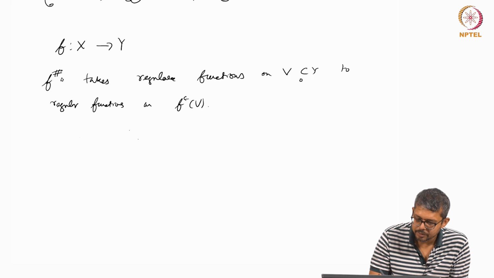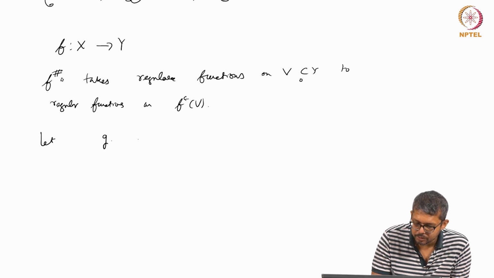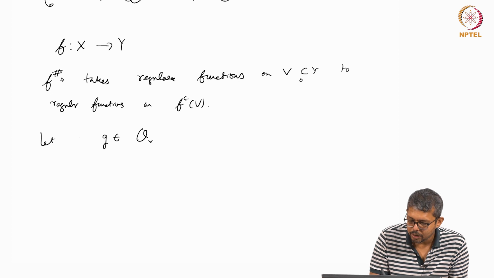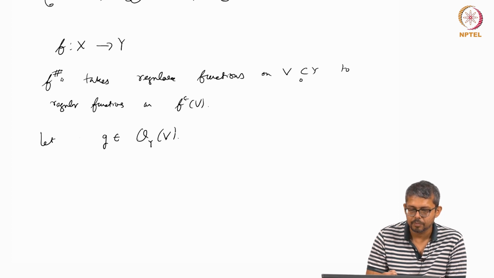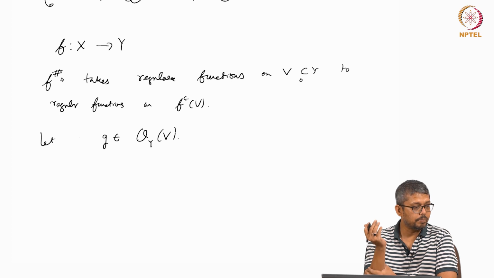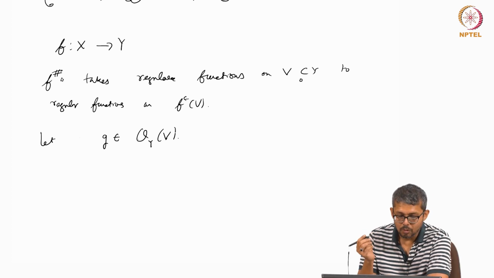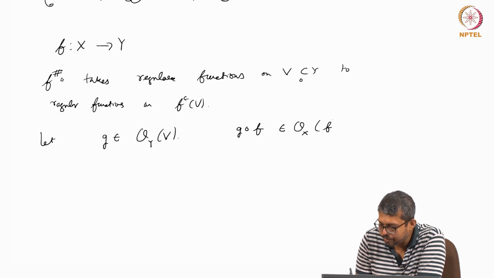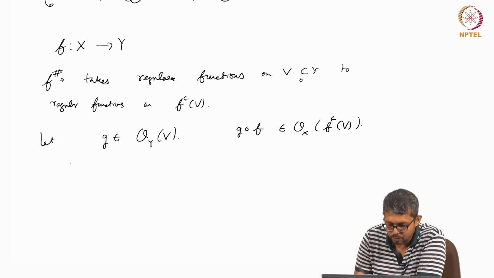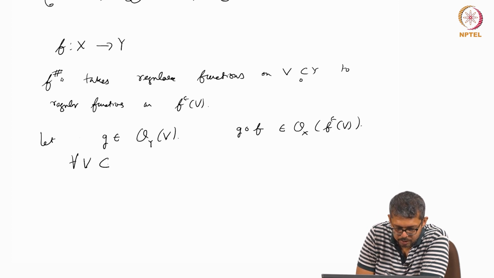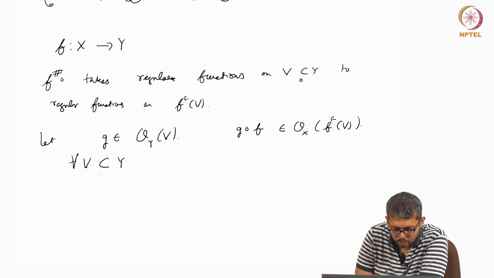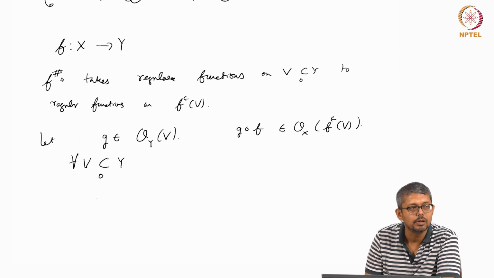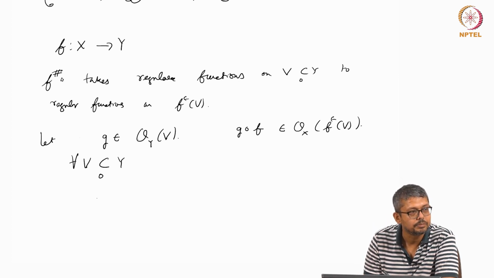Let g belong to O_Y of V. What I need to show is that g composition F belongs to O_X of F inverse V, for all V open subset of Y. This is the thing I need to check, right?